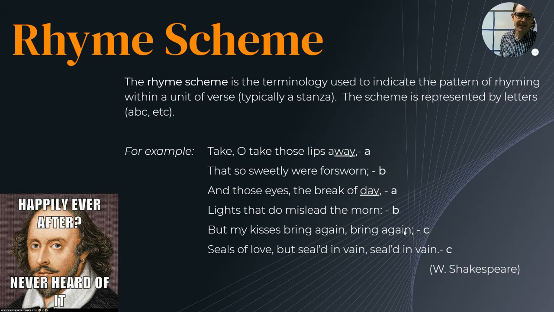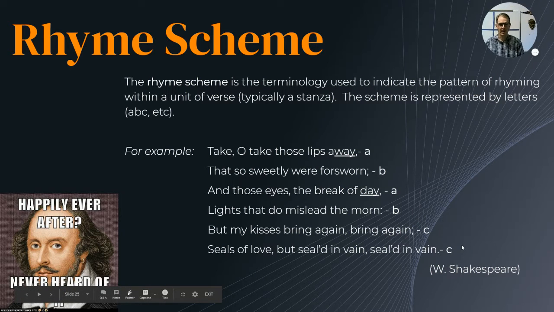Okay, so we see that the A lines end with away and day, and the B lines end with forsworn and mourn, rhyming words. And then we see that the C lines end with again and vain. That's what we call a slant rhyme, or a rhyme that we're kind of forcing. Shakespeare didn't say "again" like we do, but again rhymes with vain, so we kind of force that rhyme there.